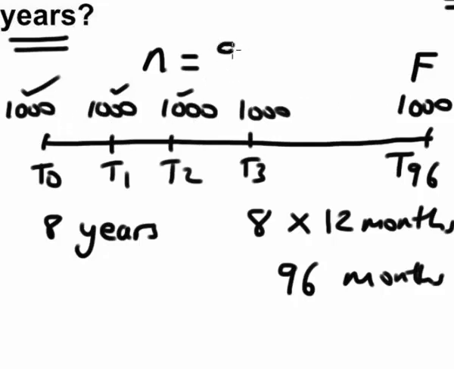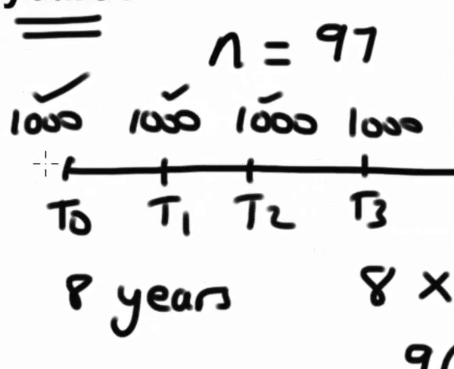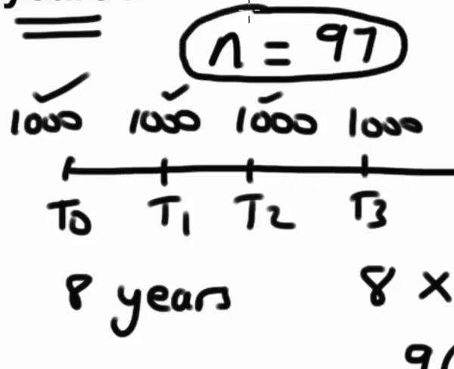So it's actually 97. Watch this. Over 2 months, that's these 2 plus the 1. For 96 months, you've made 96 plus the 1 at the beginning. So the number of payments is actually 97. Be very, very careful with this.